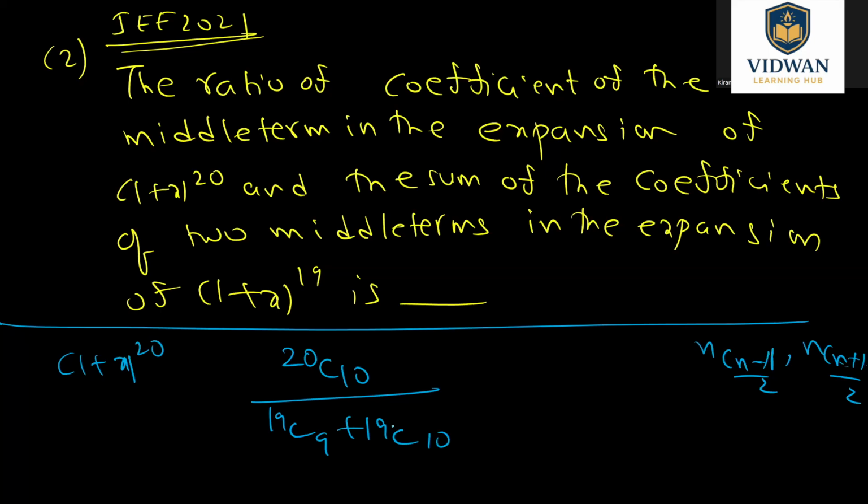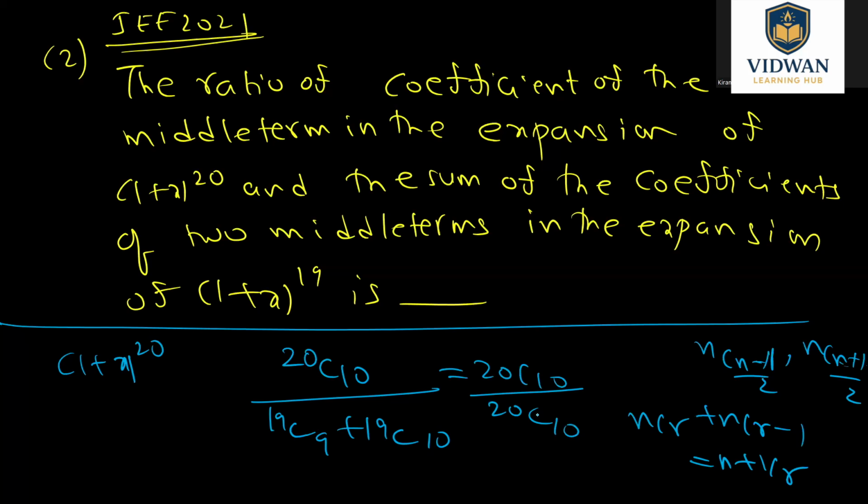So this ratio they asked us. And we have a property that nCr plus nC(r minus 1) is (n plus 1)Cr. So using this property, what will be the denominator? 19 becomes 20. See, for r and r minus 1, you write the bigger one. So 9 and 10, bigger is 10, so you'll write 20C10. Both are the same, they cancel out and give you the answer as 1. So the answer is 1 for this.